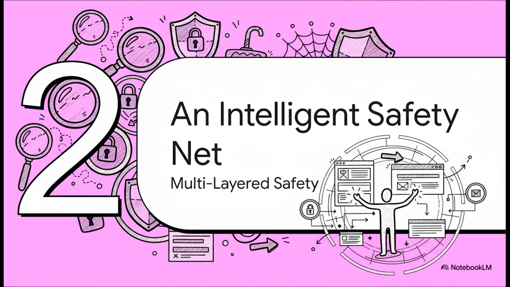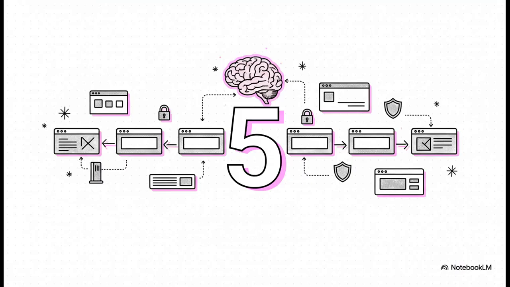But you know what they say, with great power comes great responsibility. How do you give an AI the ability to click on things without it accidentally deleting your account or buying 1,000 rubber ducks? Well, that's where this intelligent safety net comes in. It's a multi-layered approach to safety that's honestly just as impressive as the exploration tech itself. The first layer of this safety net is a 5-module pipeline that basically acts as the system's conscience.